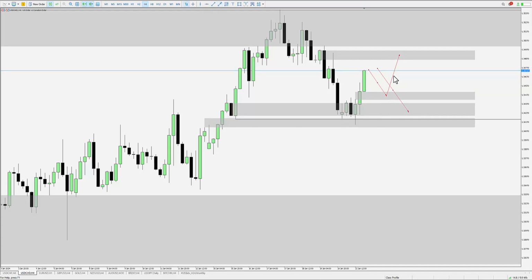You see, I would love to see that kind of a structure heading into BOC rate decision. So yeah, that's pretty much about it, folks, and I hope it's been a bit insightful in terms of how you're going to approach the markets.